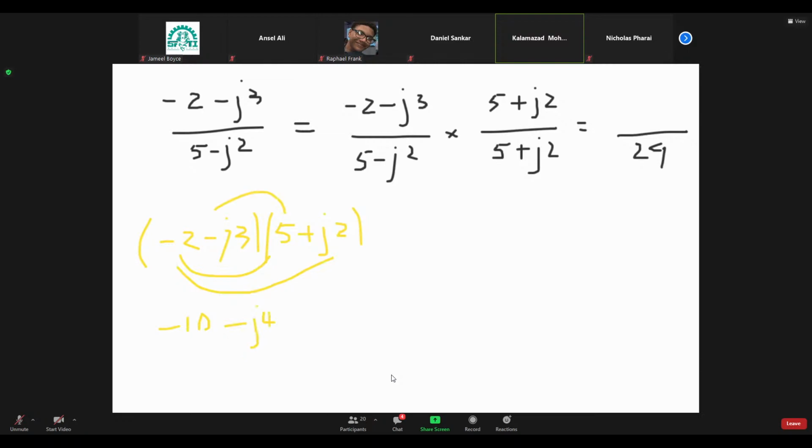Minus j15. And minus j squared 6. Good. Which is minus 10 minus j19 plus 6, right? Because j squared is minus 1.